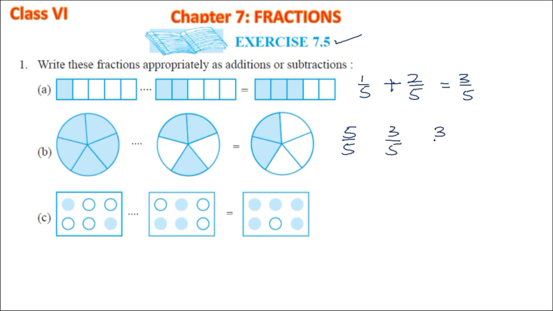Again we have 2 shaded out of 5. To get 2 by 5, we need to subtract. The next one, it is 2 out of 6, 3 out of 6, and 5 out of 6. When we do addition, they become equal. Hope this is clear to every one of you.